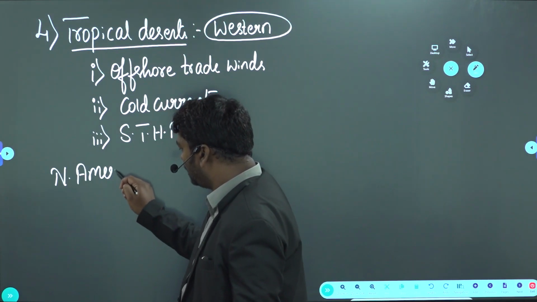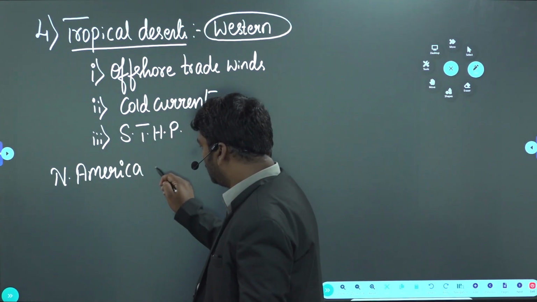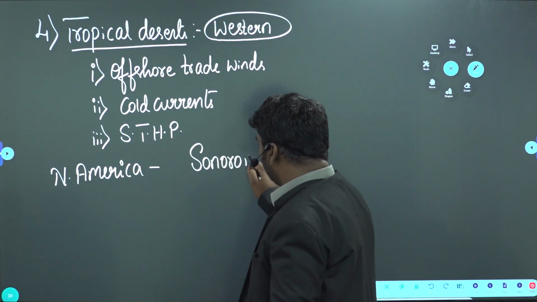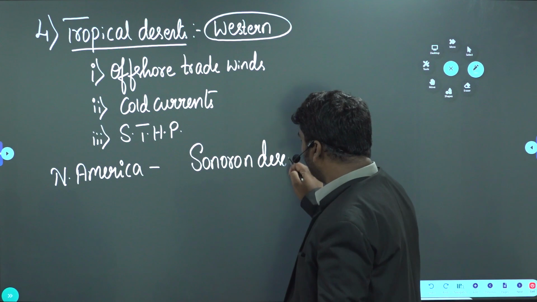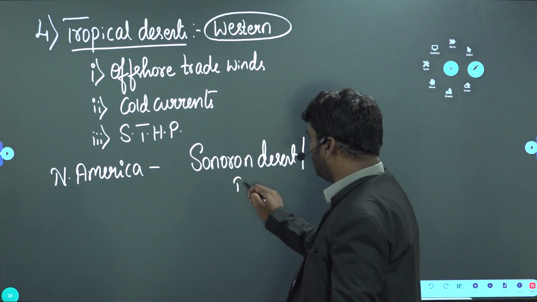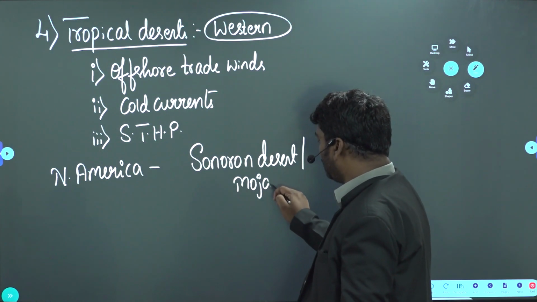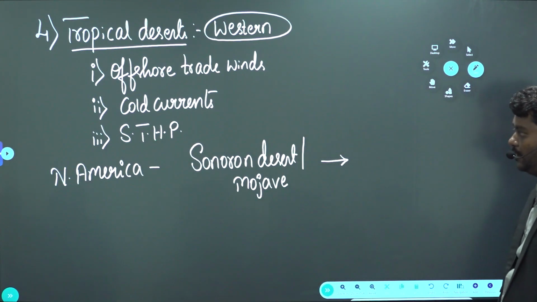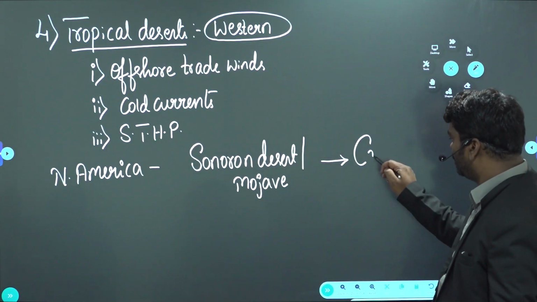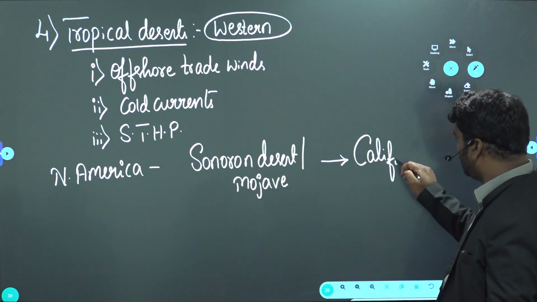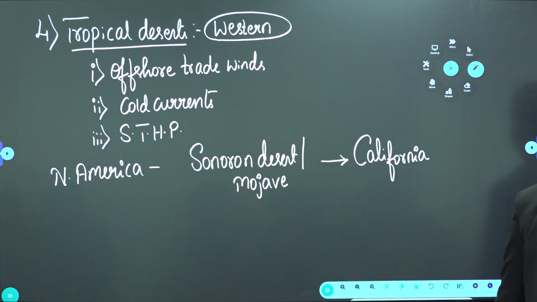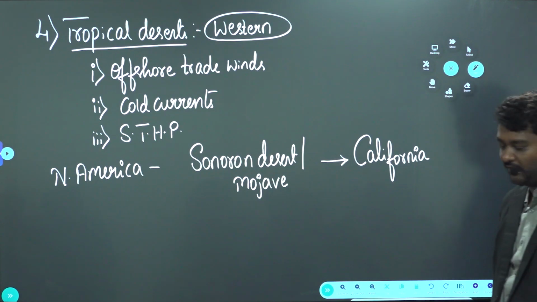North America. Sonoran Desert or Mojave Desert. Current responsible is California current.